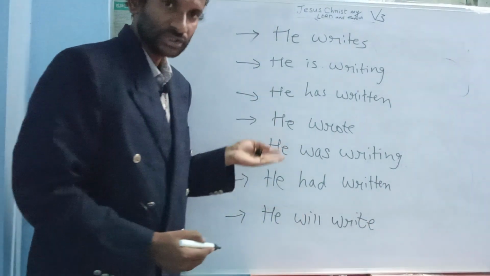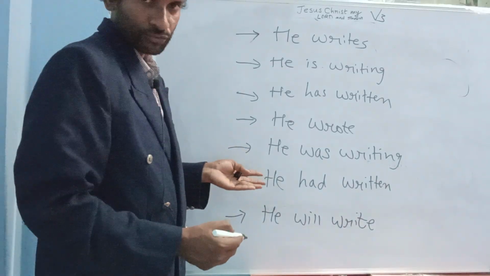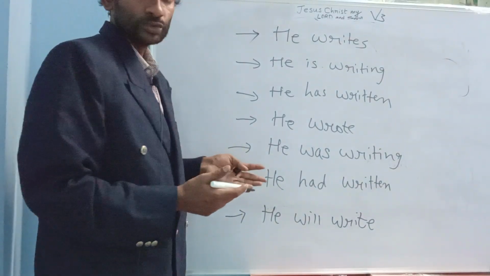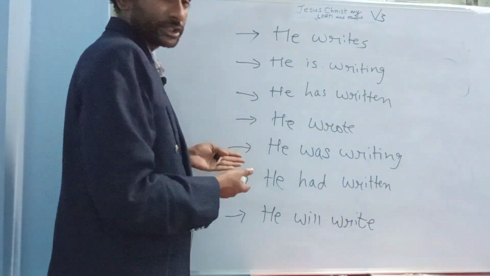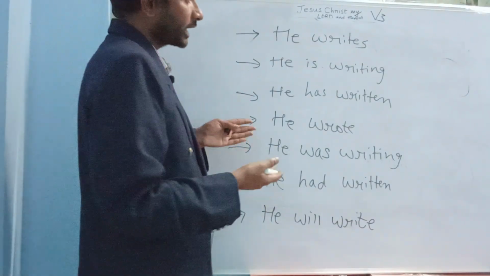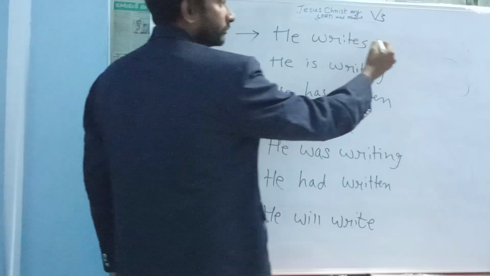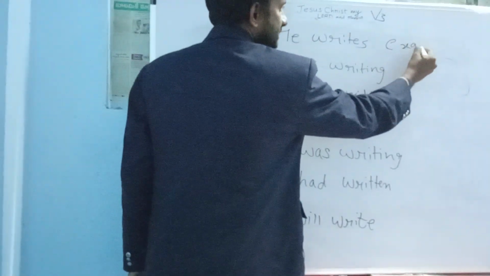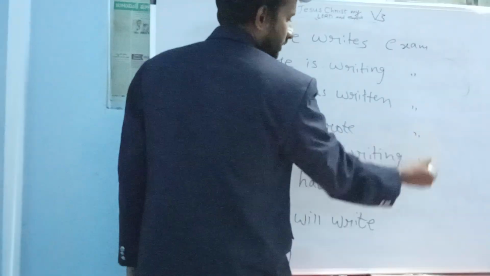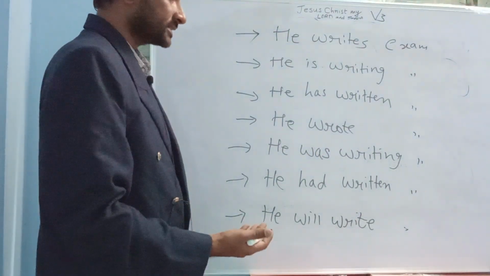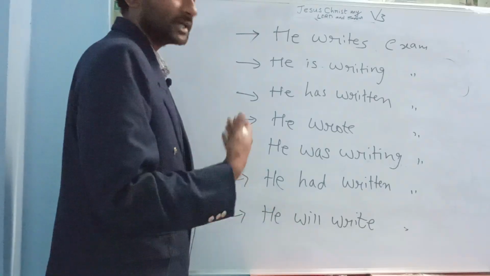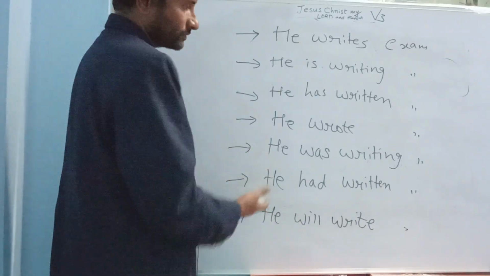Now we will change these tenses into passive voice. What are the rules? The rules are very simple. There should be an object. For example, we will write the object as exam everywhere. Here also exam, here also exam, everywhere exam. That becomes the object. He writes exam, he is writing exam, he has written exam, and so on.